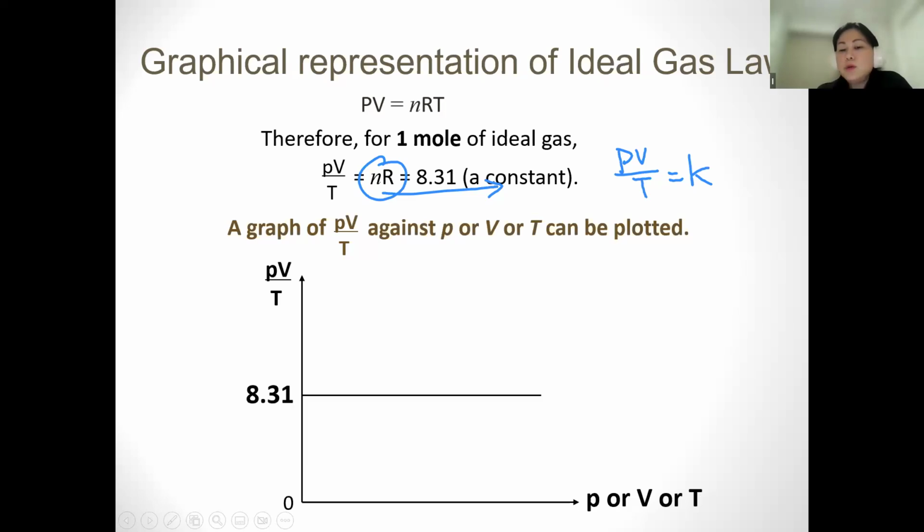No matter how the pressure changes, no matter how volume changes on the x-axis, and no matter how temperature changes on the x-axis, PV over T will never change because we just agreed that PV over T is a constant. So at low P it is this value, at medium P it is this value, at very high P it is this value. We are getting a straight line for this graph.